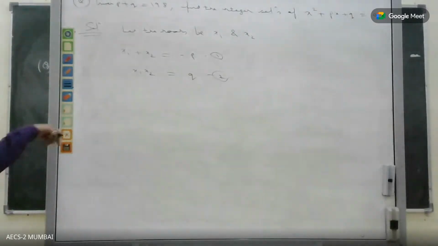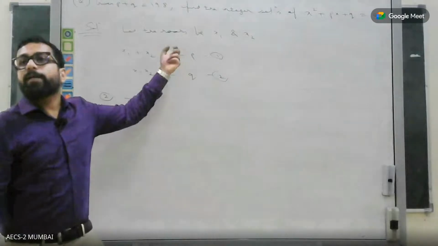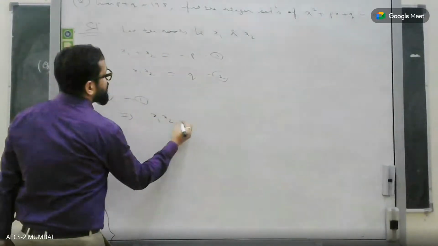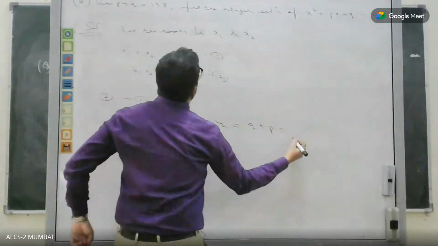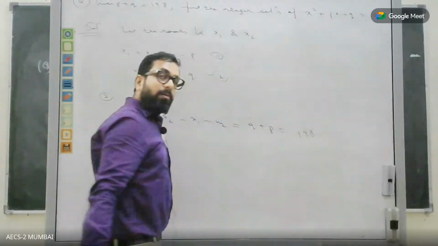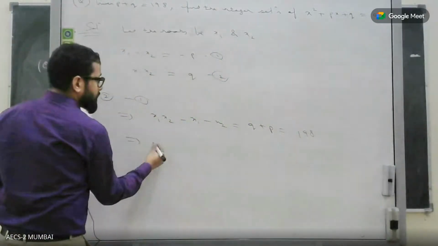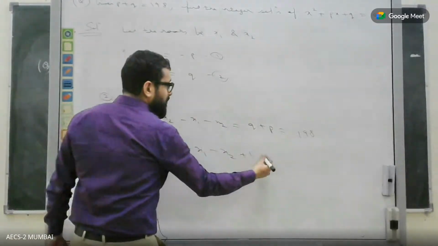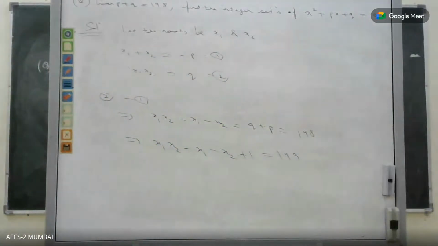Yes, sir. 2 माइनस 1 करो. क्यों कर रहे हैं? बिकॉज मुझे q प्लस p दिया हुआ है, राइट. सब्ट्रैक्ट. ऐसा होगा, करेक्ट. P equal to ऐसा आएगा. यस.